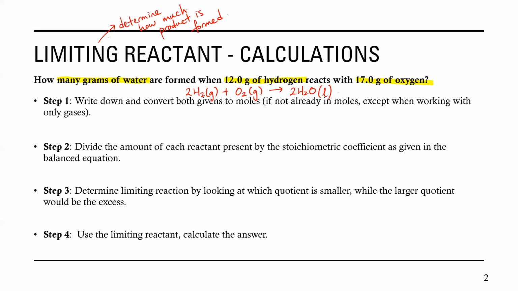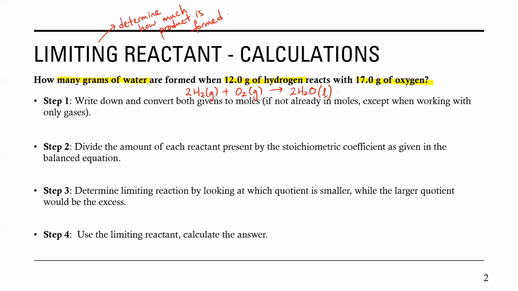You start with mass, but different substances have different molar masses. So it's very important to convert to moles so that you are just looking at the number of particles and not how much mass you have. That puts everything on an equal comparison, right? You're comparing everything on the same basis of just numbers rather than masses.